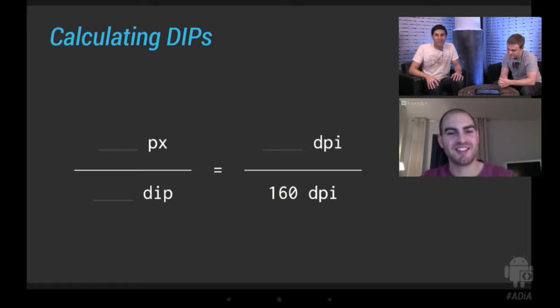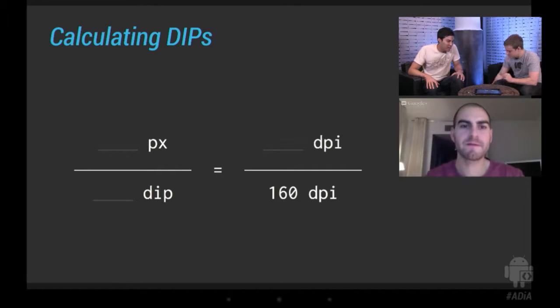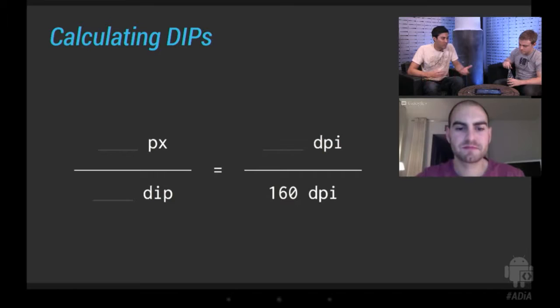Yeah, so the baseline DIP value is what we call MDPI, or 160 DPI. This is the equation you can use to calculate pixels and DIPs and the conversion between them. You take the DPI of a device, which may be 160, but it could be something else, for example HDPI or XHDPI.